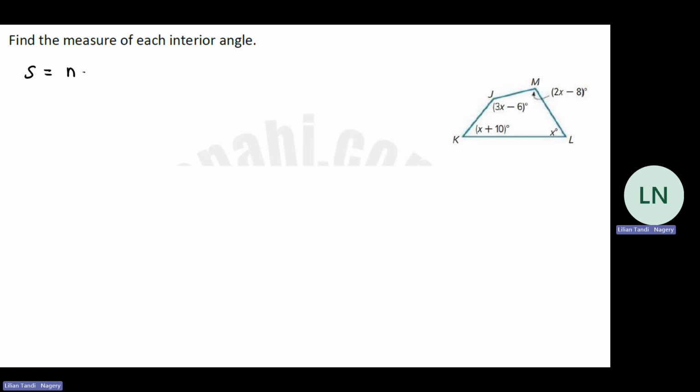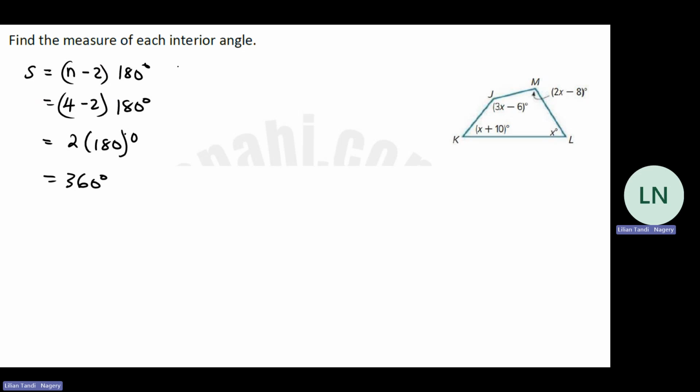S equals N minus 2 times 180. 4 minus 2 times 180, because this shape has 4 sides. So this is 2 times 180, which gives us 360 degrees. Then we start with JKLM.